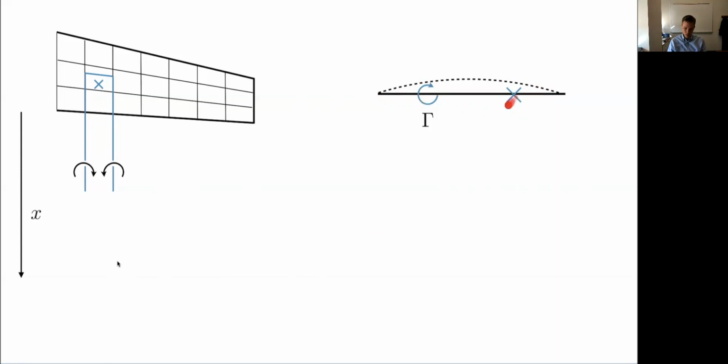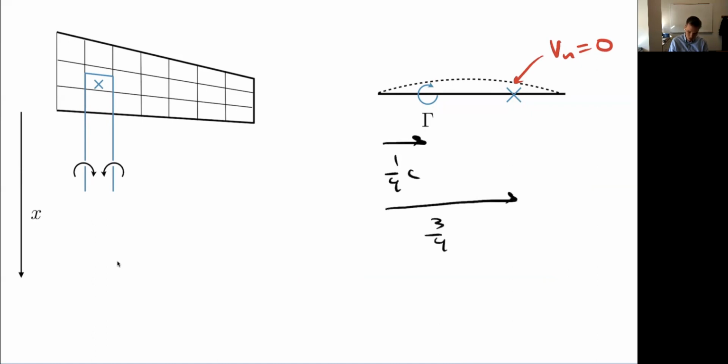And where should we evaluate the normal velocity? And we found that the lumped vortex should be at the quarter chord, and the control point, the location where we impose a requirement, our boundary condition, basically that the normal velocity is 0, should be defined at the 3/4 chord. So in other words, this is quarter chord, and this is 3/4 chord.